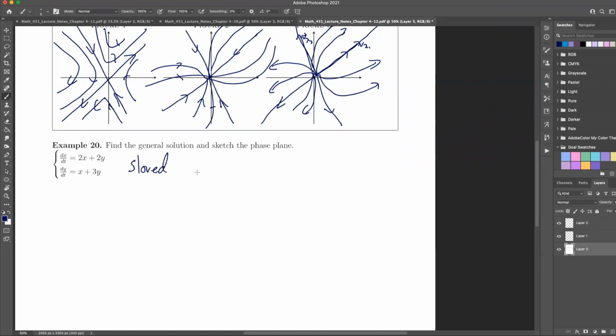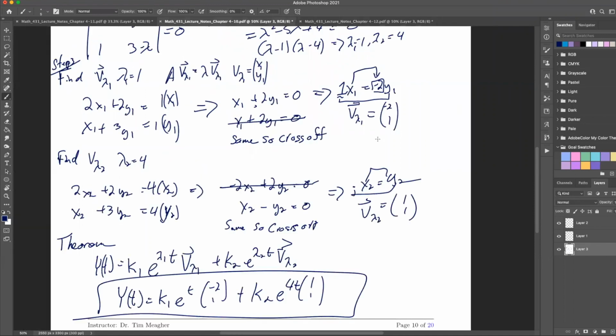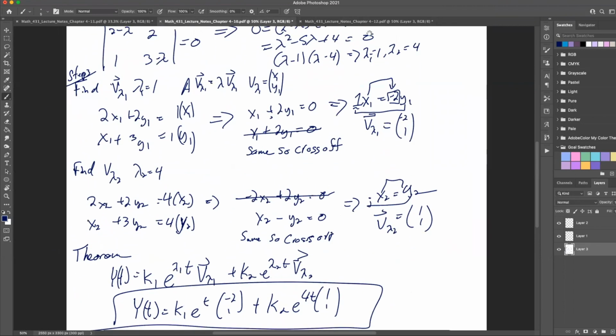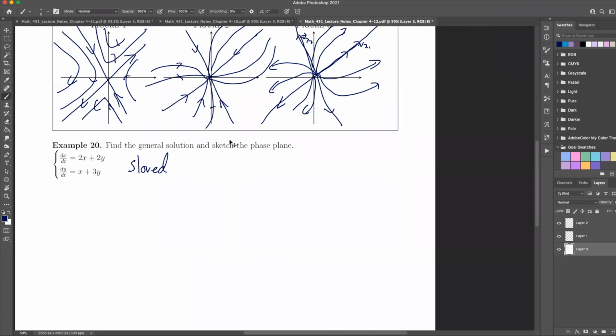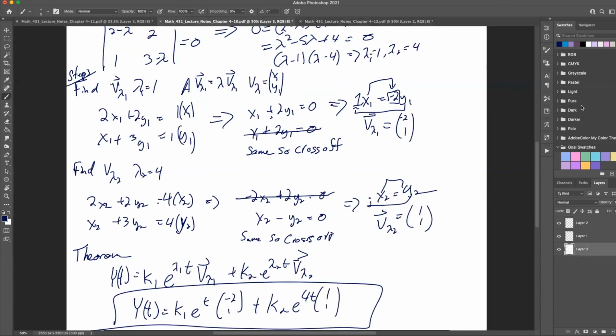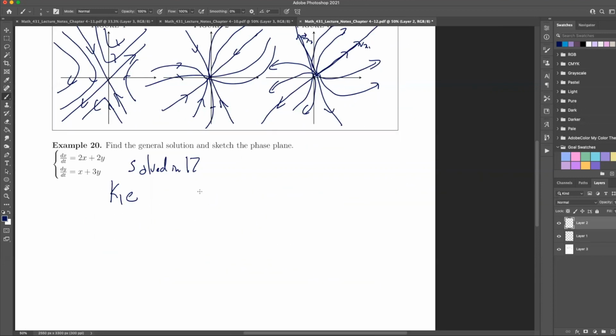The solution to this, solved previously. In fact, let's say solved in 17. Solved in 17 to be k1 e to the t times (2, -1).